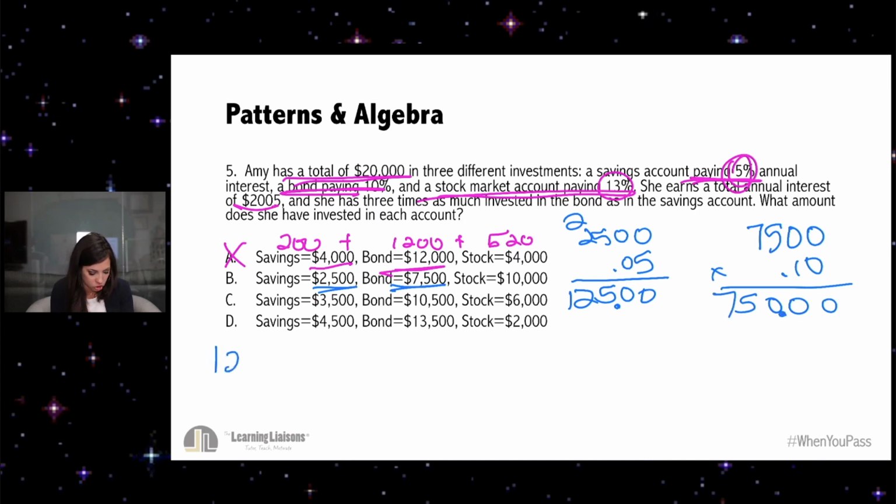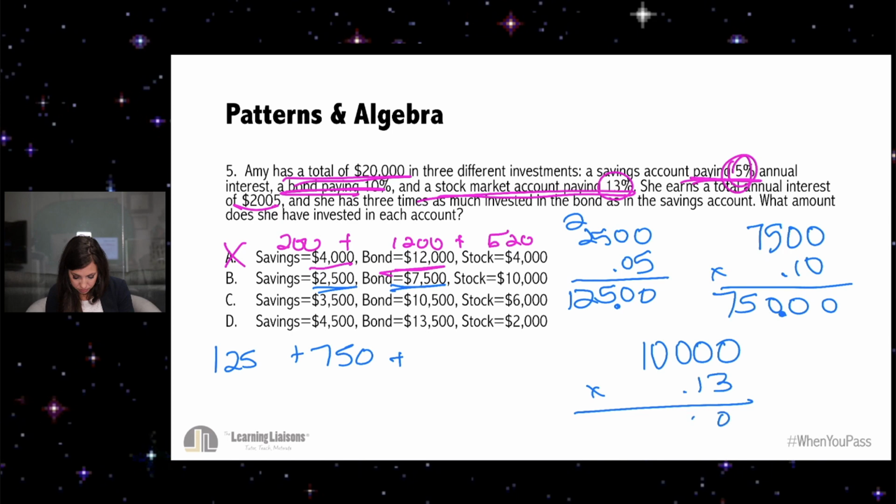So I'm going to add 125 plus 750 plus whatever I get when I multiply the stock by 13%. 10,000 times 13%. Move it over 2 places. I get 1,300.